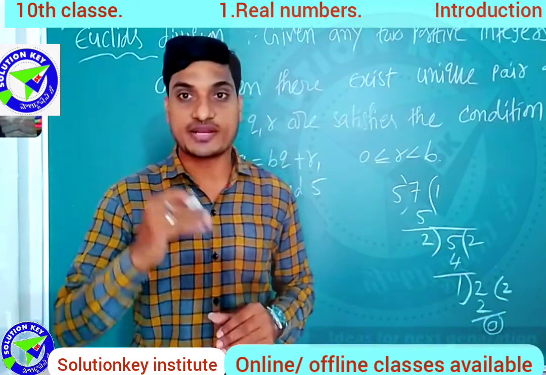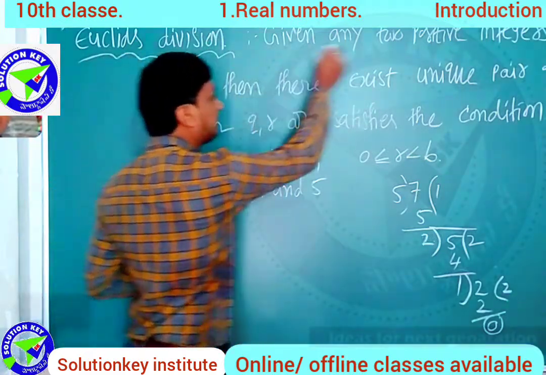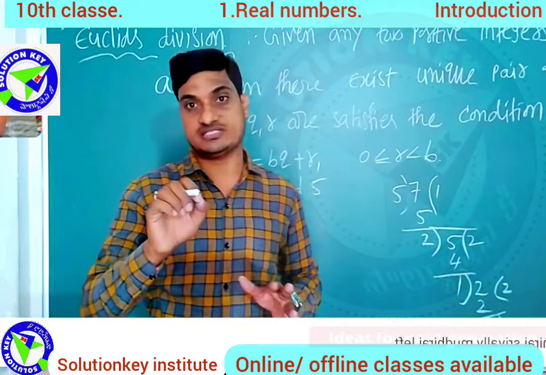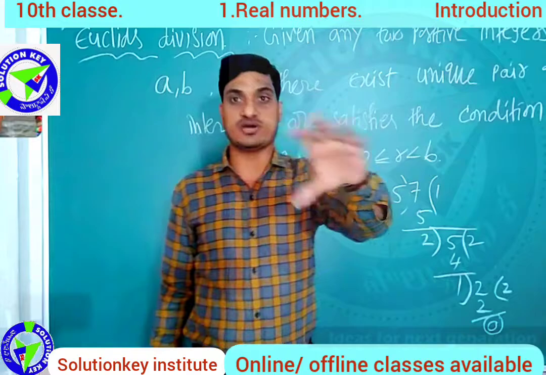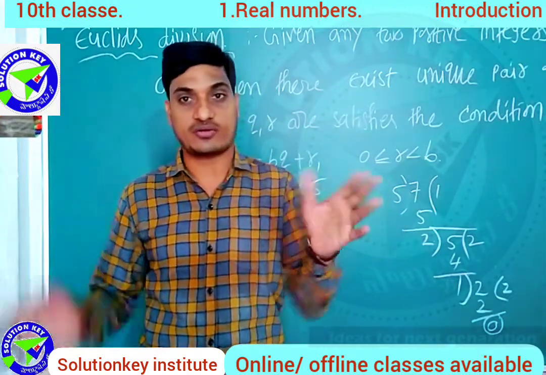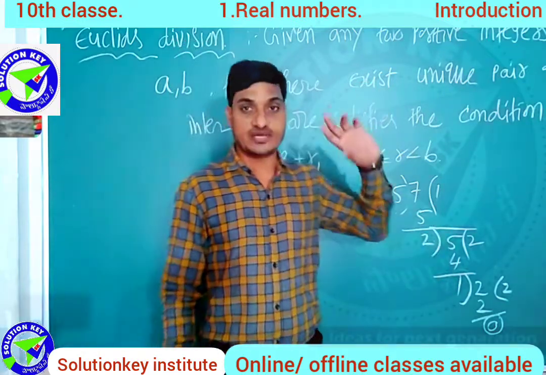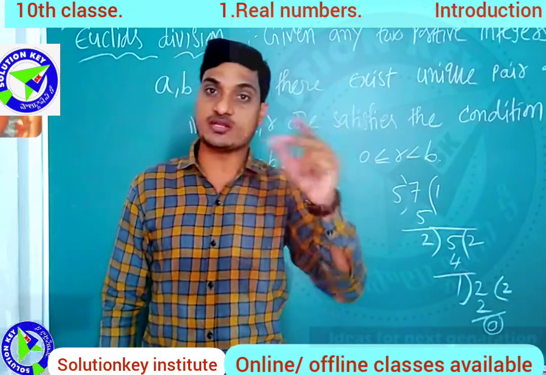How to write that step by step? See this. What is the condition? Given any two positive integers. Maybe here not only positive integers, you are taking whole numbers also. Whole numbers cover all positive numbers also. Somewhere you get the definition as given any two whole numbers.